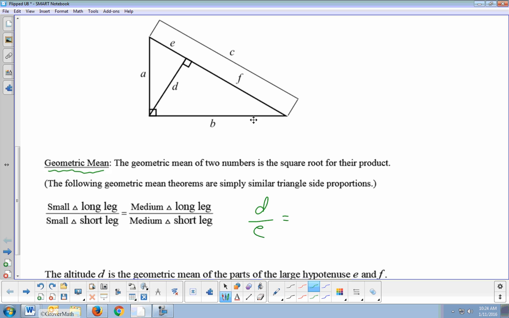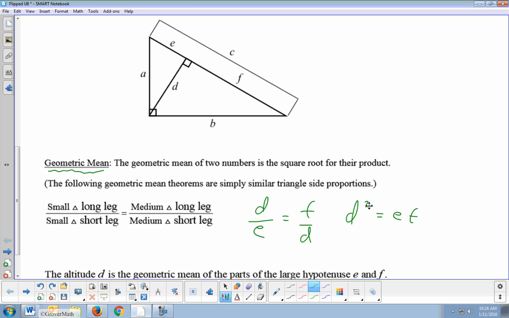And that would be F to D, yes, F over D. But what we notice is that D is a common side for them, but it's not the same side. D is the long side of the small triangle, and it's the short side of the medium triangle. But when we cross multiply this, we get D squared equals E times F.